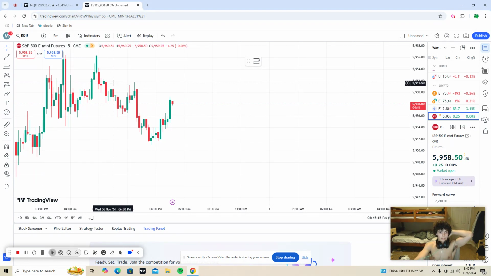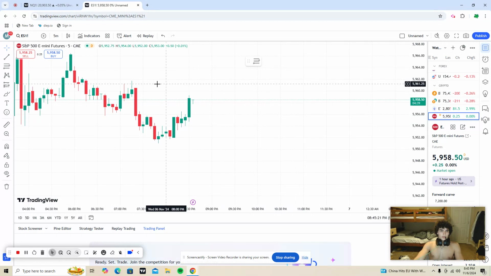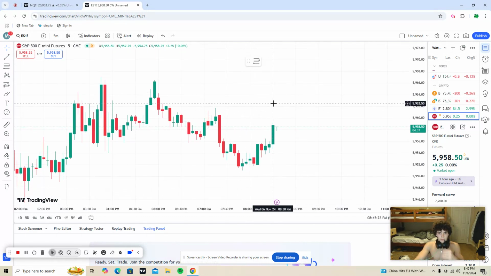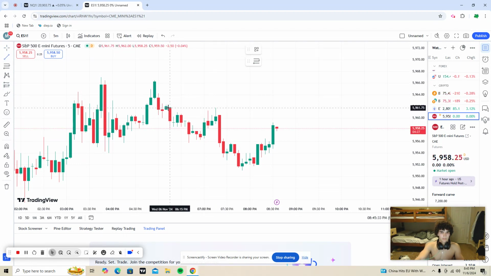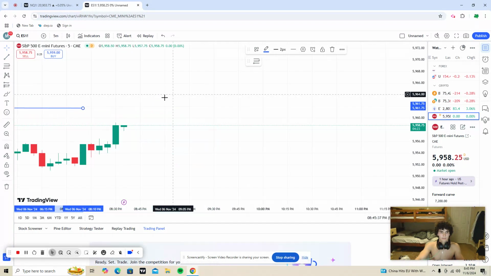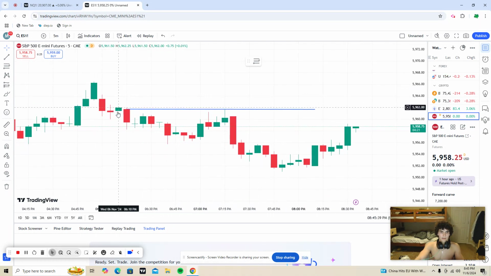I think it tapped off this breaker block, which is another term I'm teaching you all today. It's where, right next to a green candle, you've got a red candle, and all you do is mark the top of that green candle over. That's pretty much saying buyers right here got disrespected with this big red candle, so there's a lot of sellers right here.